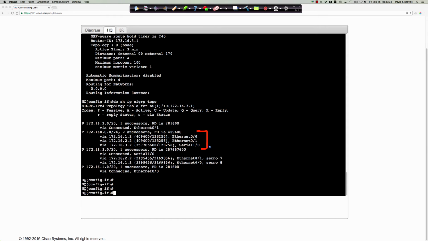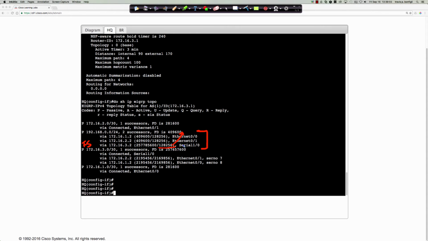And again, that feasibility condition states that in order for me to be a feasible successor, I must meet the feasibility condition in which my reported distance must be strictly less than the feasible distance of the current successor.